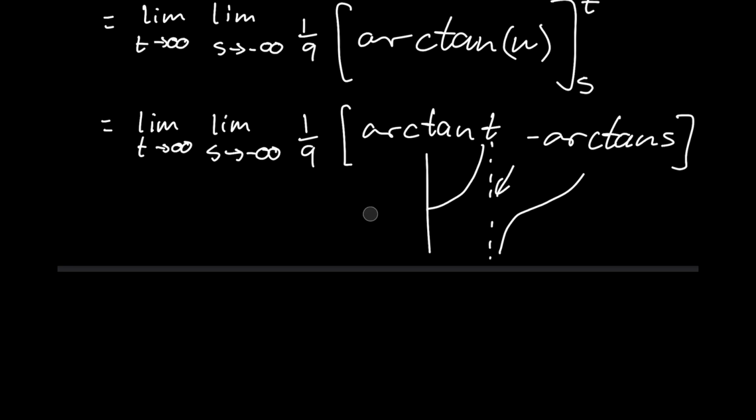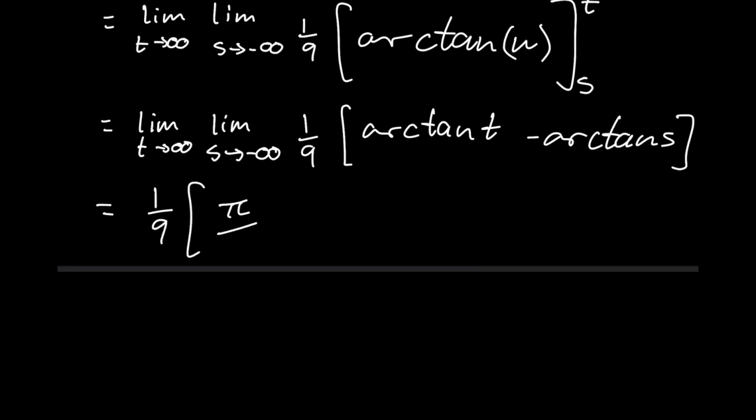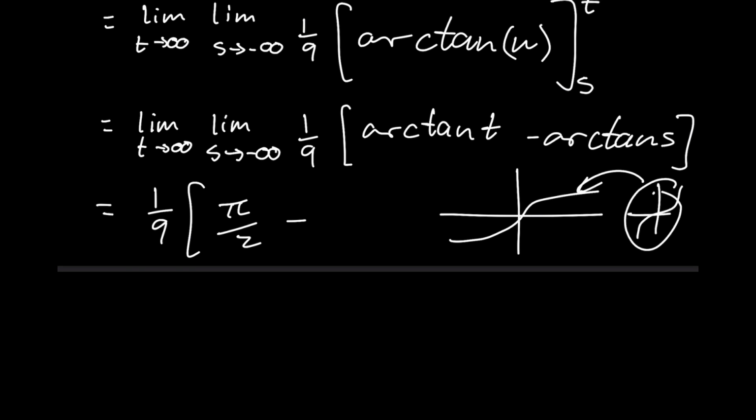Let's get rid of this so we can carry on. I hope that's intuitive. So we say 1 over 9 into pi by 2 minus arctan of s. Remember, I drew it like this because tan looks like that, so the inverse of this is going to be that.